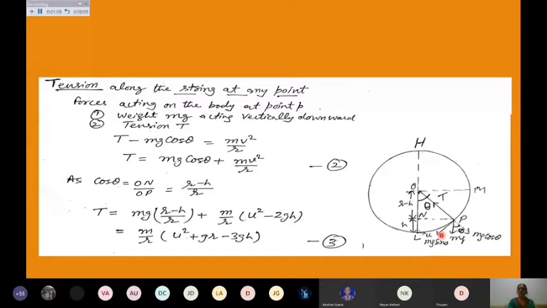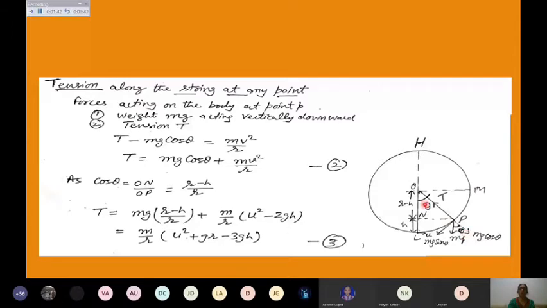We are saying that T tension which is acting towards the center and mg cos theta both are acting in the opposite direction. And because the body is moving in the circular path, then this difference in this tension and mg cos theta is going to provide you the centripetal force for the circular motion. And this centripetal force is acting towards the center, so it means T has to be greater than mg cos theta.